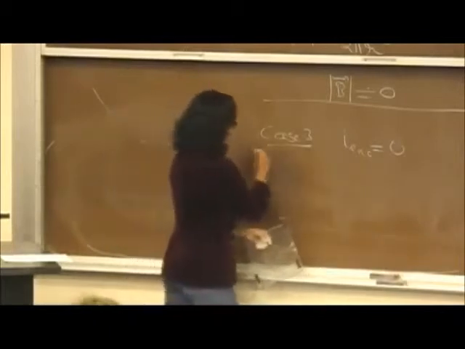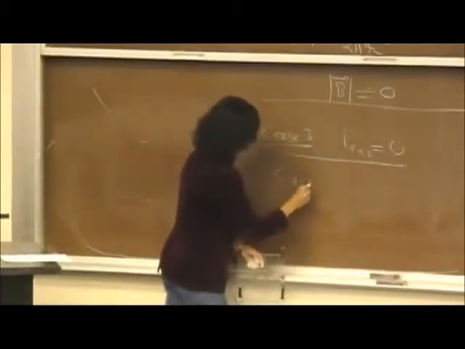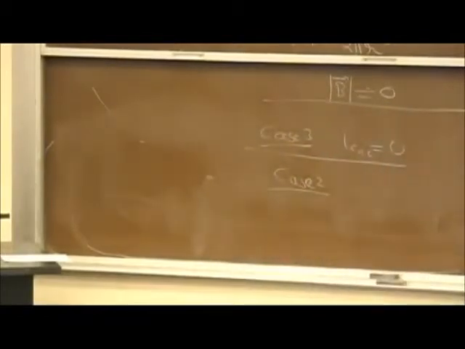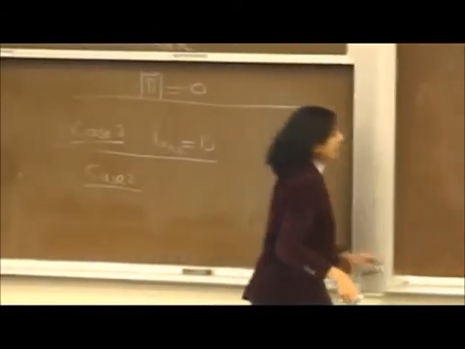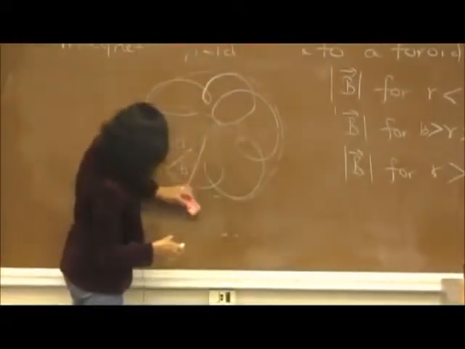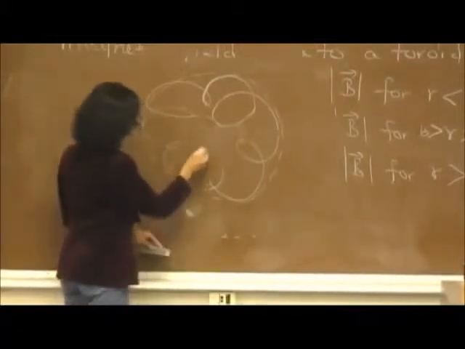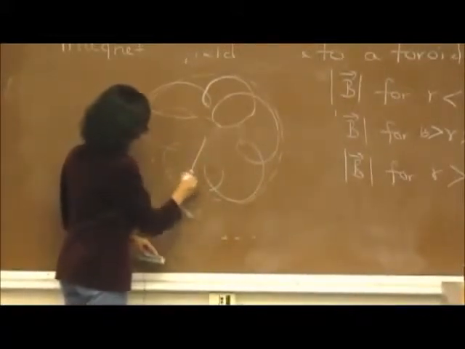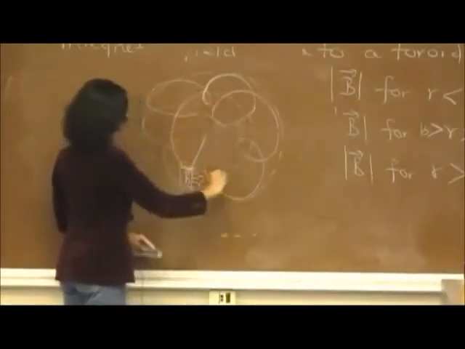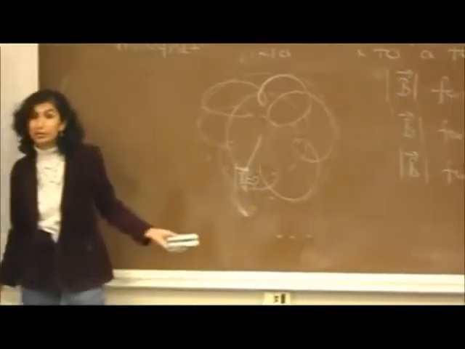All right, now let's try to do case 2. Case 2 is the case where I am looking at some point between A and B. So this time I'm somewhere over here. You are asking me what is the magnitude of the magnetic field over here. This time I'm going to choose my Amperian loop like this, again passing through that point.